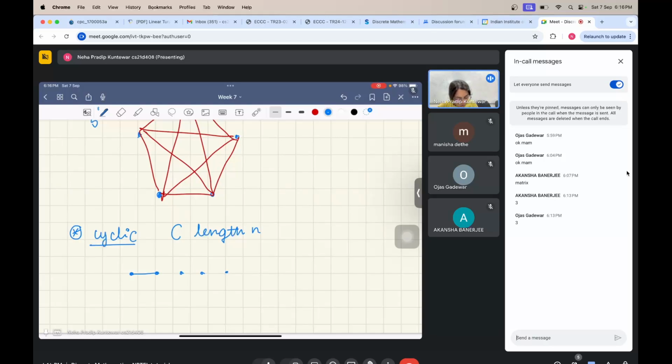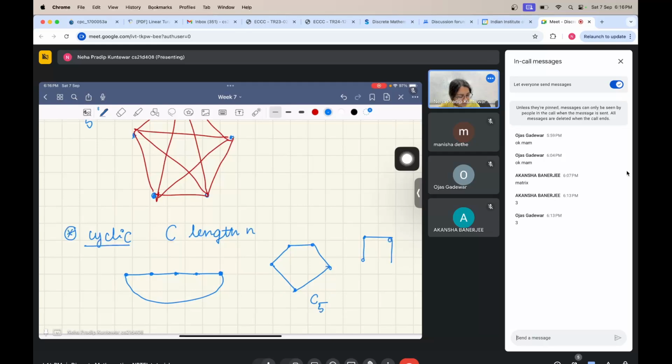What you do is you draw a path that passes through all the vertices. Then you look at the final vertex and join it to the first vertex. So if I draw this diagram, it will look like this pentagon. So this is a cycle over 5 vertices. This is what you call C5. C4, for example, would look like this.